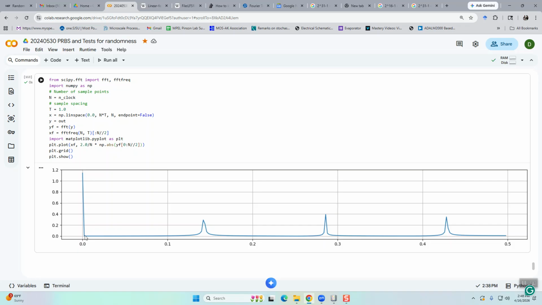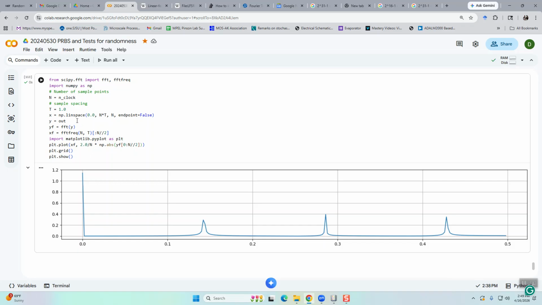Something I have to look into is that this peak here is DC, and that should represent the average of the whole signal. The average should not be above 1, because if the data can be 1 or 0, the average of that cannot be greater than 1.